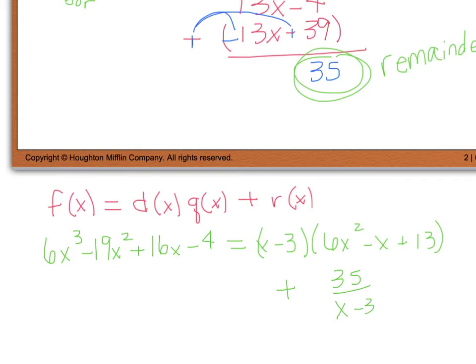So if you multiply these two things together and take that quantity and add this, you will get this right here.